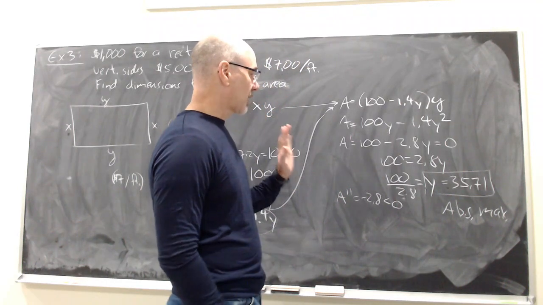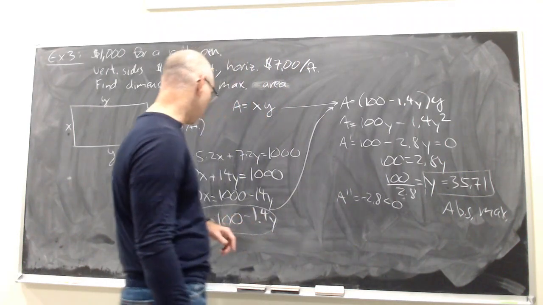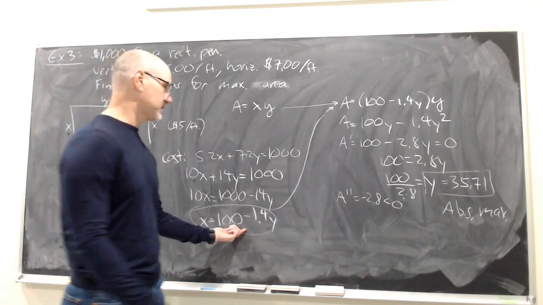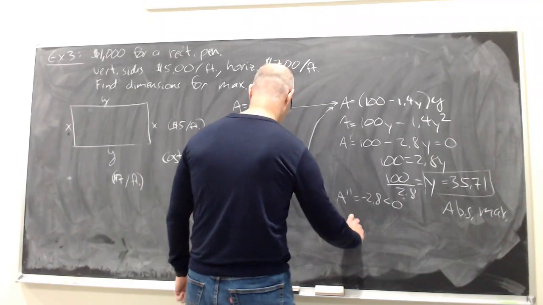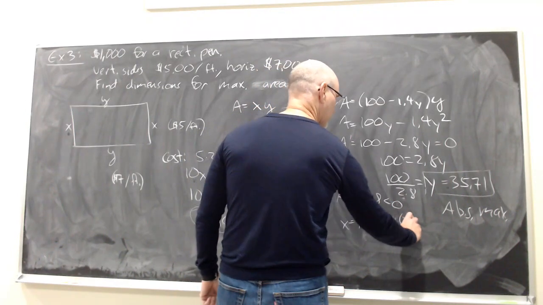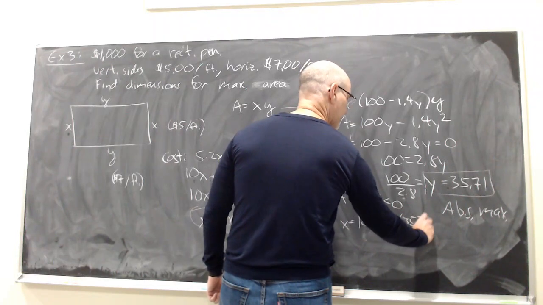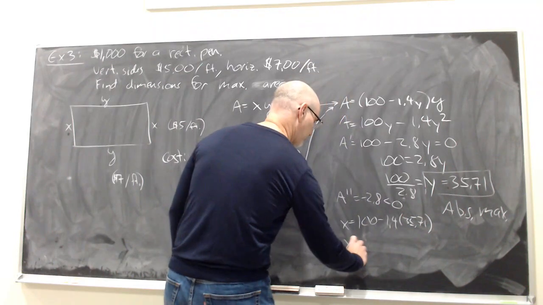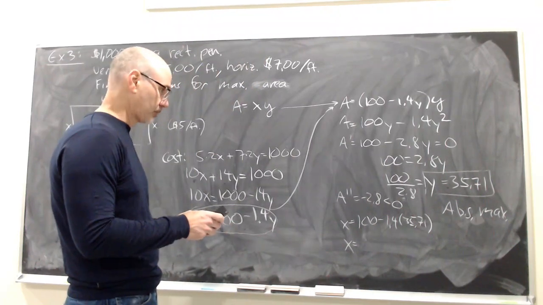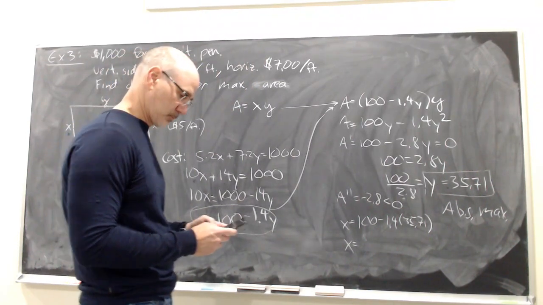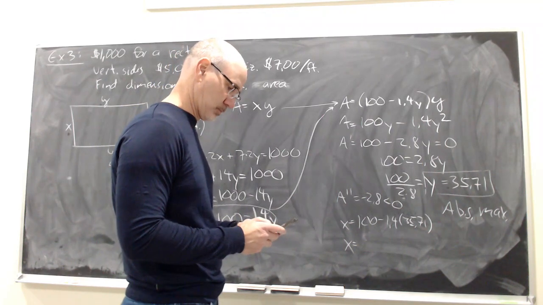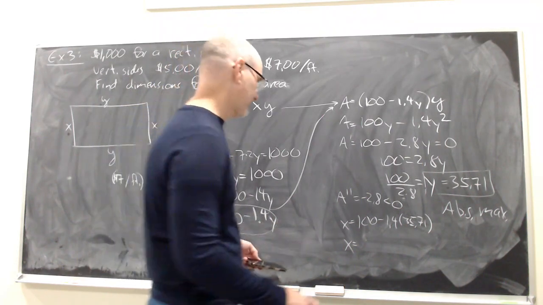Okay, but the problem was to find the dimensions, plural, and so we have to plug y back into x. So we get 100 minus 1.4 times 35.71. I get 50.